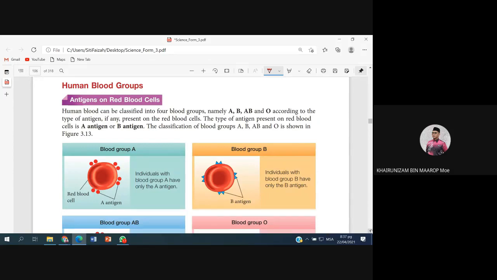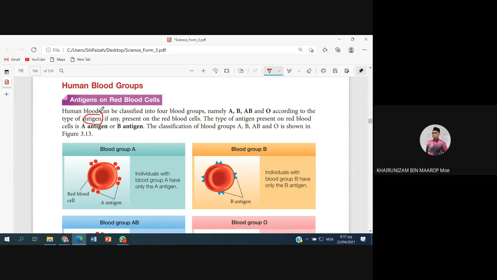Antigen on red blood cell. Human blood can be classified into 4 blood groups, namely A, B, AB, and O, according to the types of antigen.